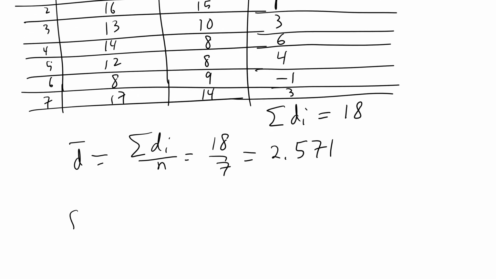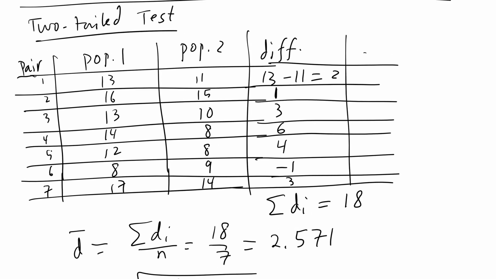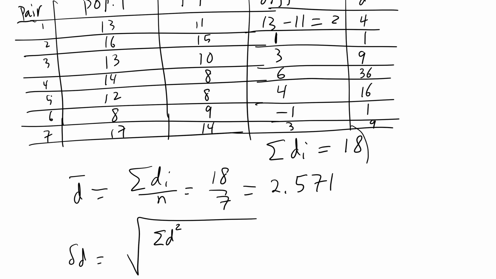Now for the standard deviation, if you want to do it by hand, it is the square root of the sum of these squares. Means you square each difference. So if you like to do it here, you can find d squared, which is 4, 1, 9, 36, 16, 1, and 9. And then add all these numbers up. That gave me 76.